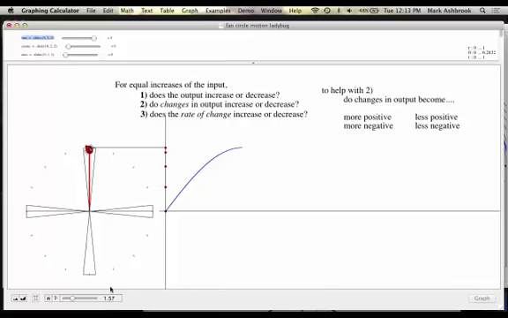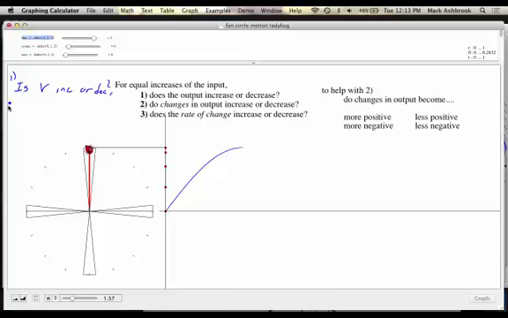Okay? In the second quadrant, so for each of the 3 remaining quadrants, I want you to answer, is V increasing or decreasing?